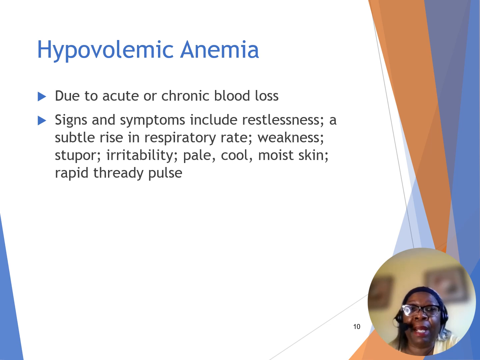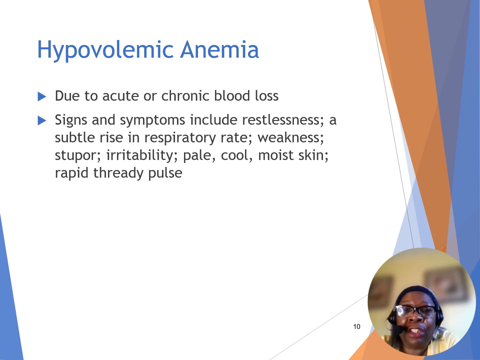I want you to think about why there would be a subtle rise in the respiratory rate. Think about that. We're gonna think about a lot of stuff here. Because remember when I told you that if you understand how this stuff is working in the body, then you will be able to understand the signs and symptoms, why they're having these.